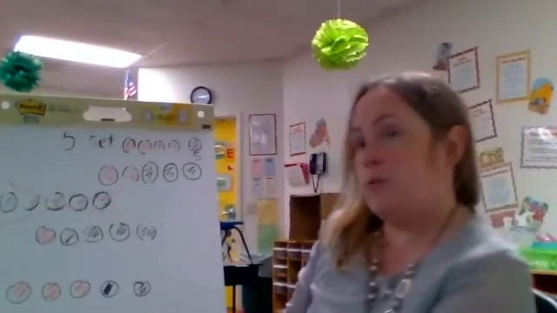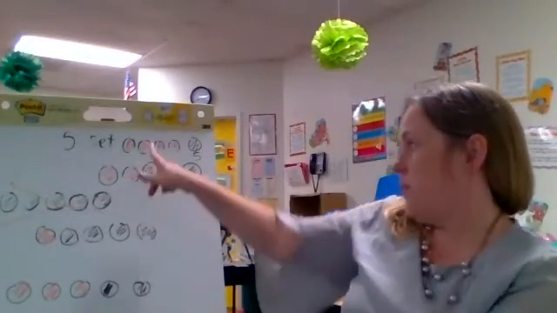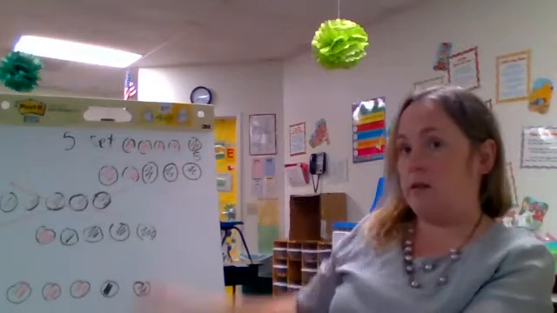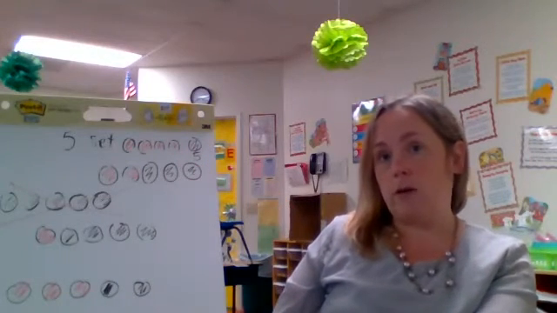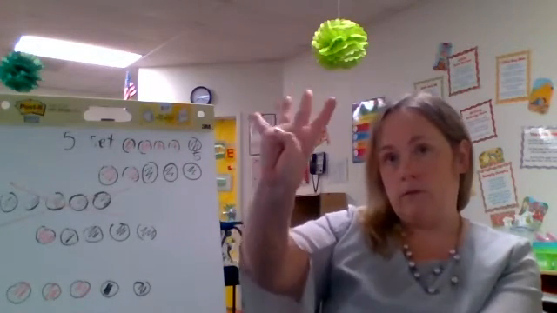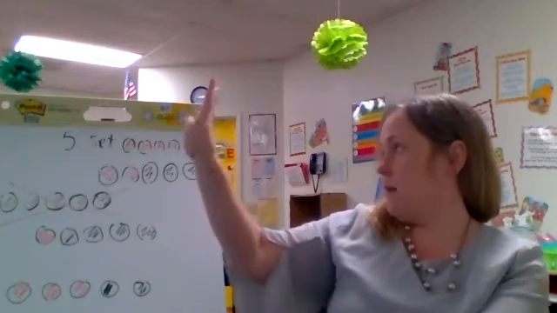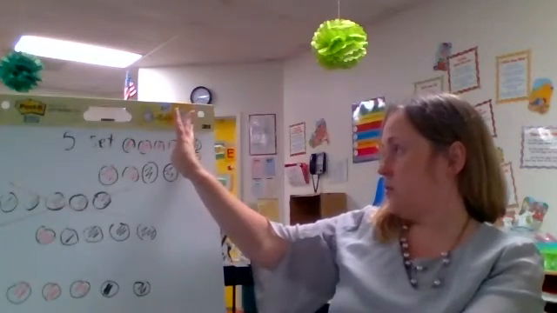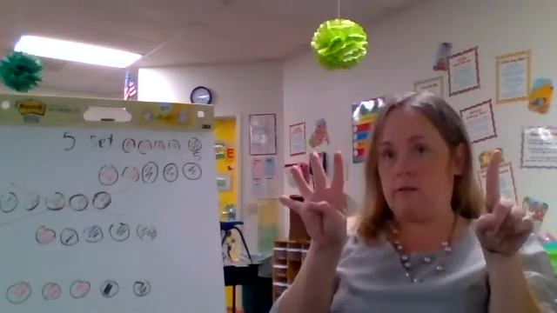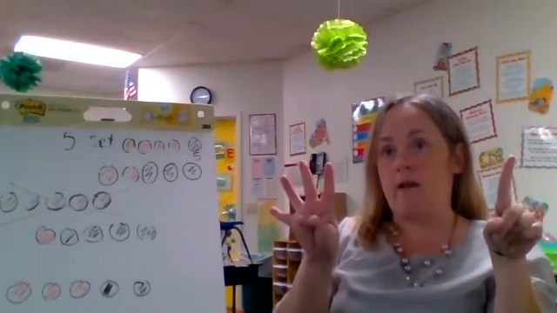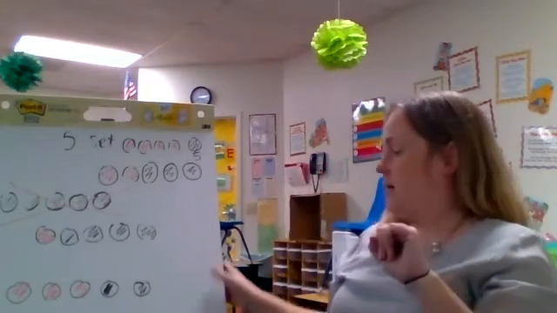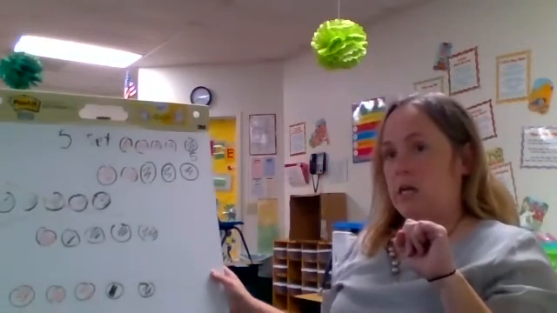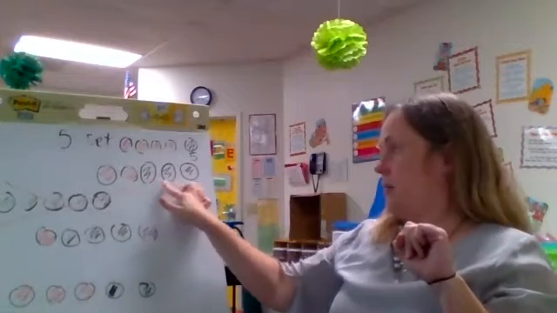Okay, let's show you what these would look like. So if we were doing 4 and 1, how many fingers would I hold up on the first one? 4. And then how many fingers would I hold up on this one? 1. That's one way to make 5. Okay, let's show that other way. 2 and 3.